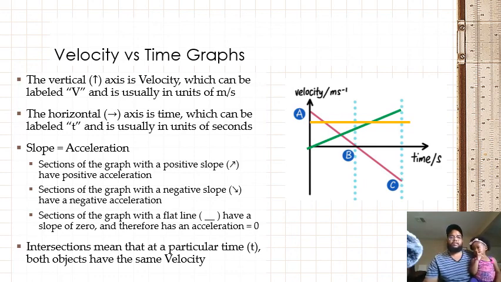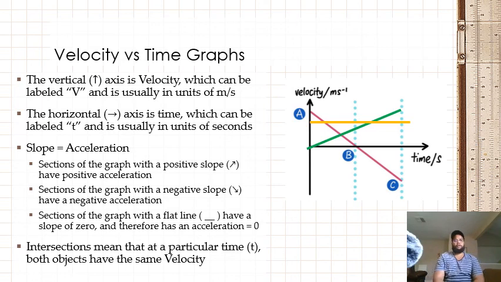In this case, any point that you have is your velocity at a particular time. Slope, which is the movement in the vertical axis over the movement in the horizontal axis, is now change in velocity over change in time, which is acceleration.